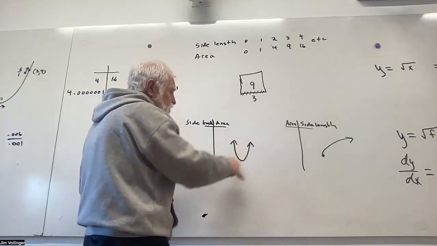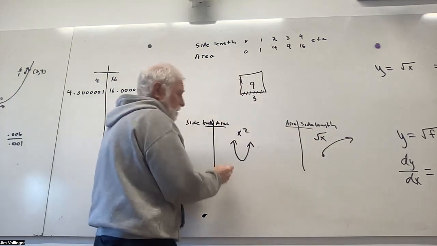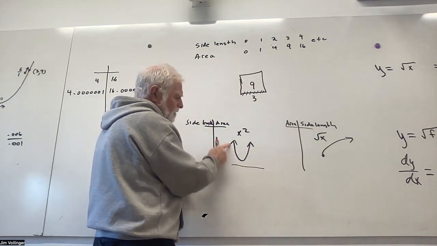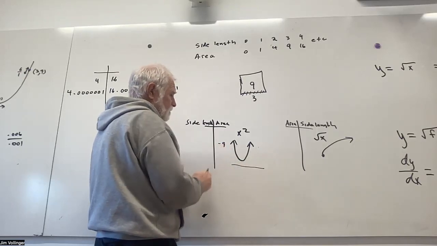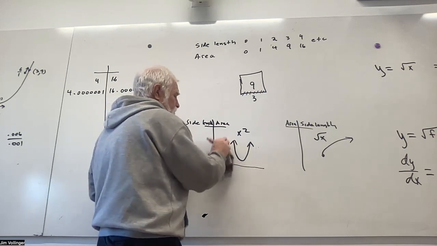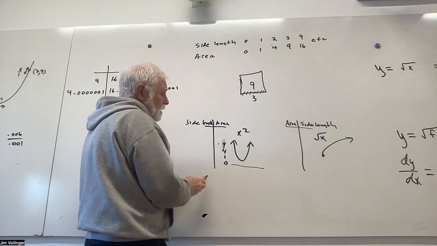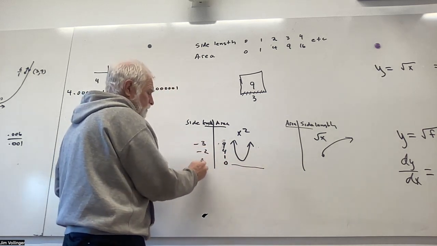So here's our signature x squared, and here's our signature square root of x. As x's get bigger, it's hard to think about it magnitude wise here, but 9, 4, 1, 0. Remember what the x's are: -3, -2, negative.